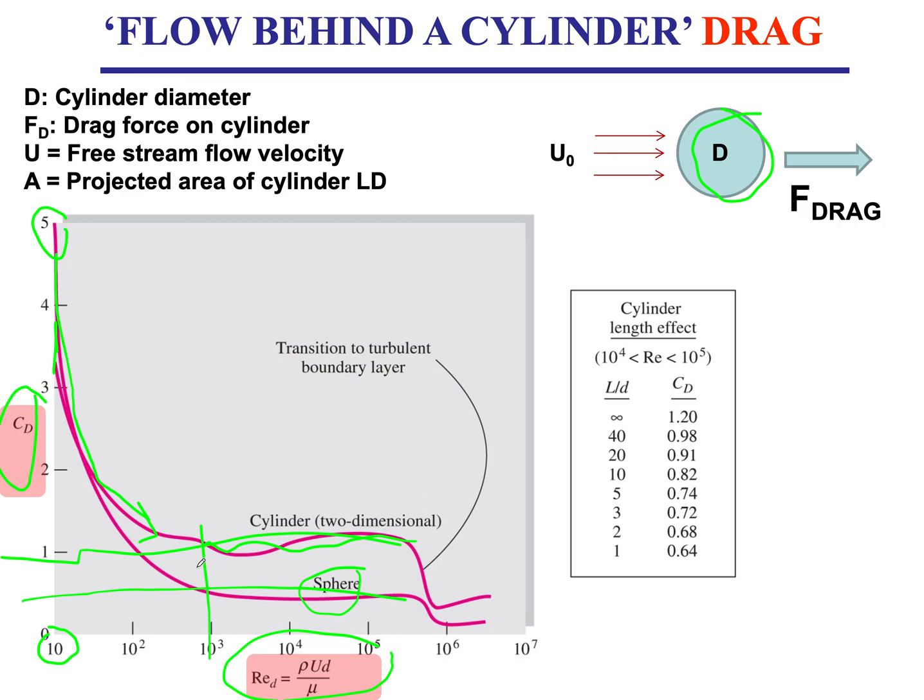It stays constant, what we call independent of Reynolds number, all the way up to between 200,000 and 500,000. After that, a very funny phenomenon happens where the drag coefficient drops dramatically, from a value of 1.2 by a factor of 6 to almost 0.2. And that's called the drag crisis on a cylinder.